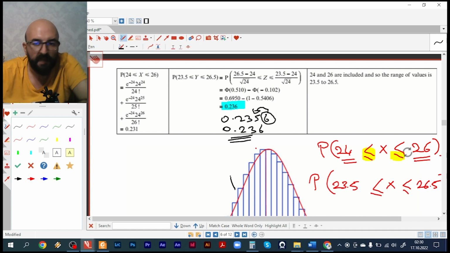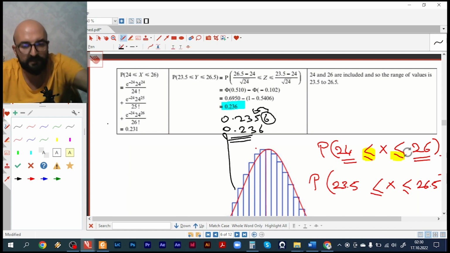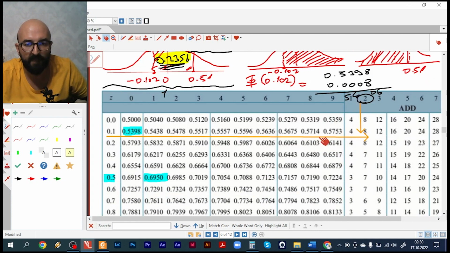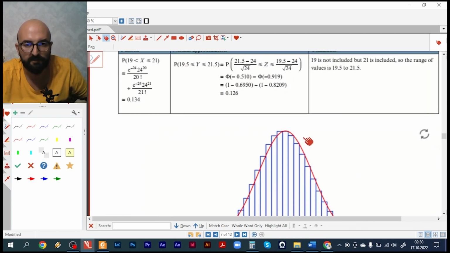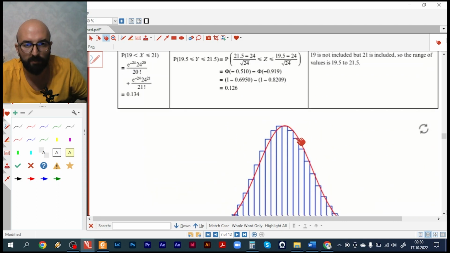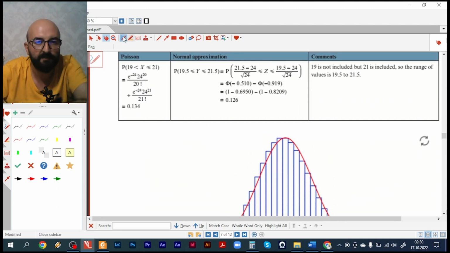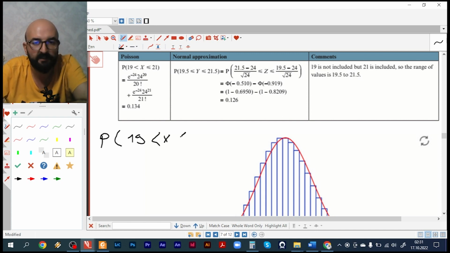Now we will look at the other problem about the Poisson distribution and the normal distribution. We have a problem where we want to find the probability of greater than or equal to 19 and less than or equal to 21.